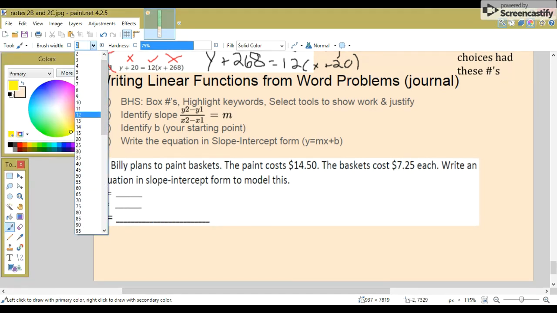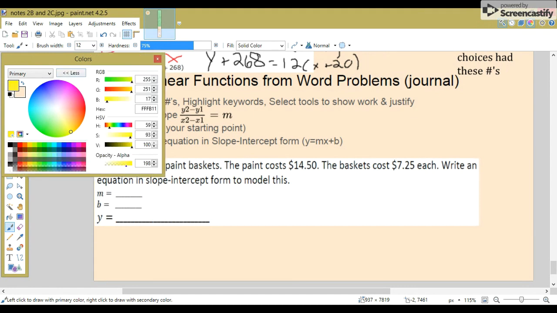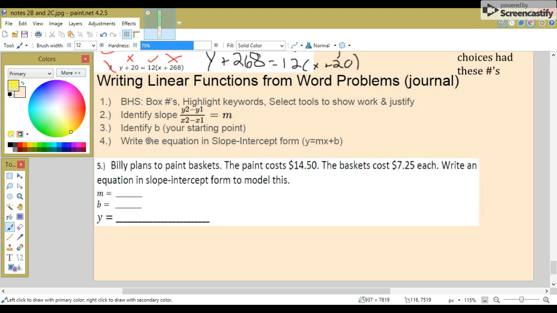So let's highlight our important information. Well, first, let's box the numbers. So we have $14.50 and we have $7.25.